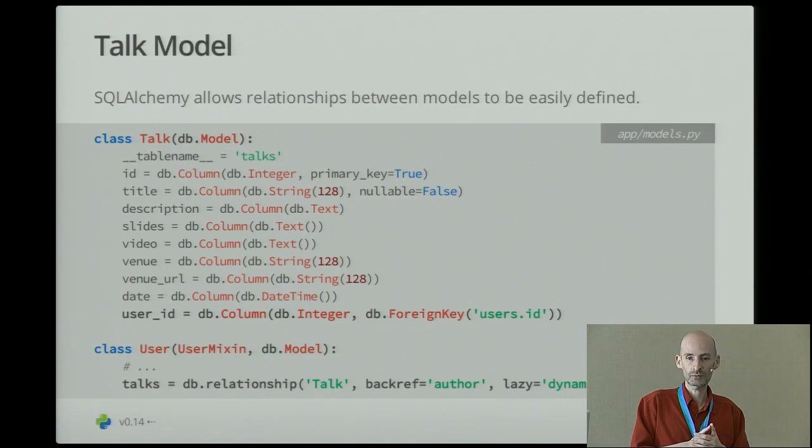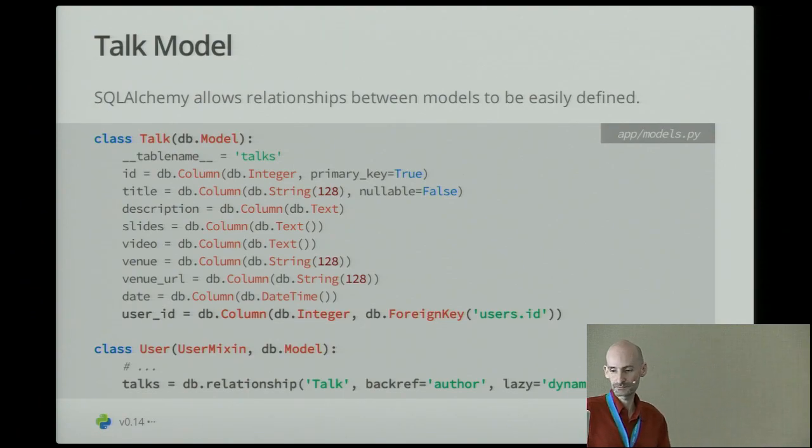For example, if you want the talks sorted by date or paginated, if you want just the first 10, if you get the list, then it's too late. You've got the list. So instead, by saying lazy dynamic, your talks property is really a query that's all set to run, but hasn't run yet, and then you can modify it before you run it.